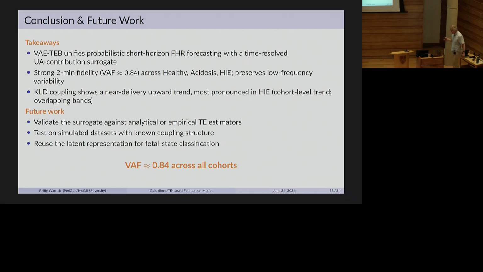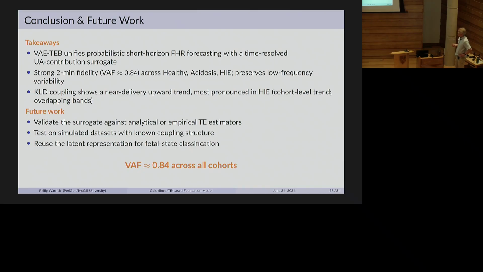So, last slide. We can successfully predict the short-term or short horizon forecast of the FHR, and we can do it with quite decent fidelity. Low frequency is very, very well predicted.